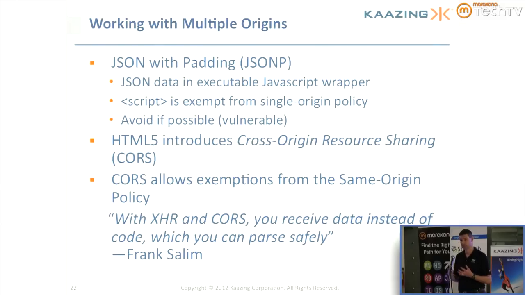So there's a standard that's now built around that that makes it easier to share resources from different places with each other. Basically the big difference with XHR and CORS, using the CORS architecture instead of JSON-P, is that you're no longer getting code, but you're getting the data that you wanted in a safe way. So we'll take a look at that.